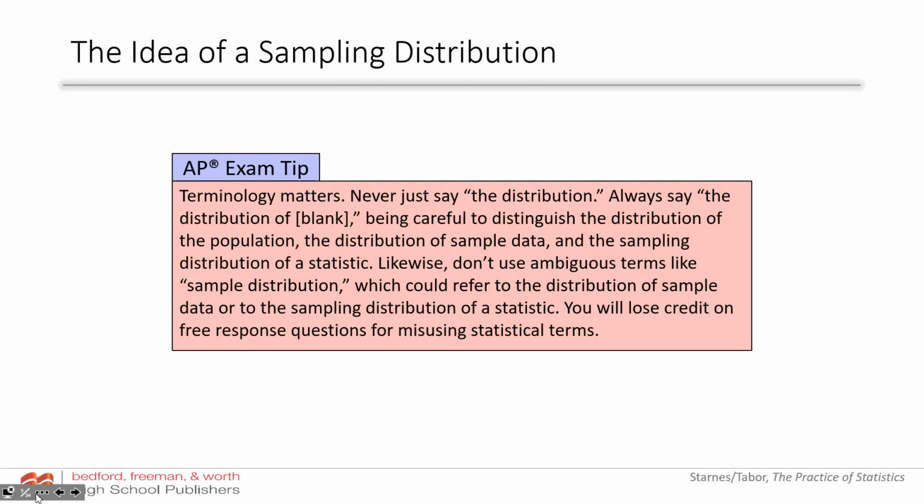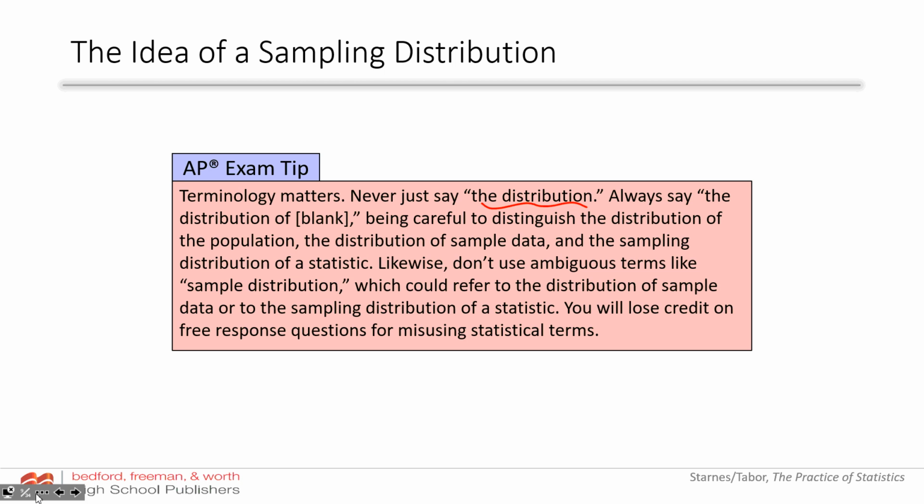So it's really important to keep all that terminology straight. On your tests, on your quizzes, on the AP exam, if you misuse terms, you're going to lose credit. And if you say vague things like, for example here, "the distribution," you're going to lose credit. We need to be as specific as possible.